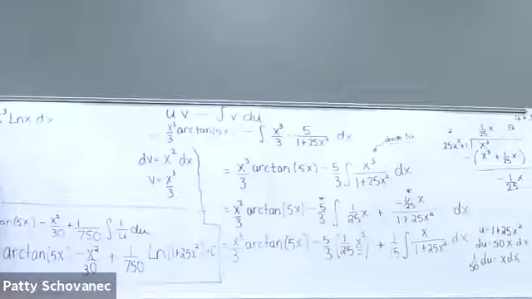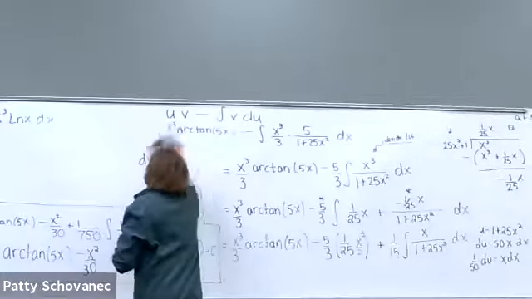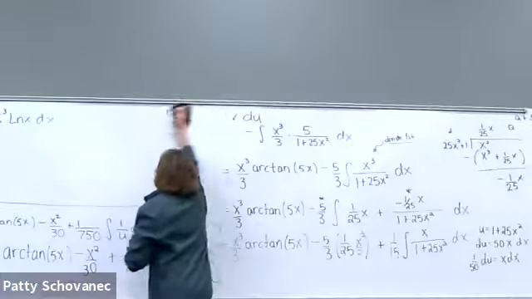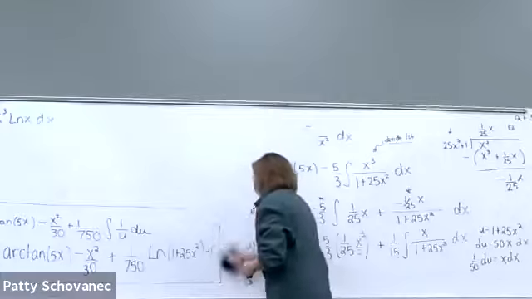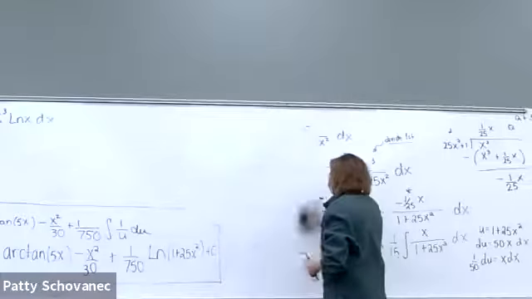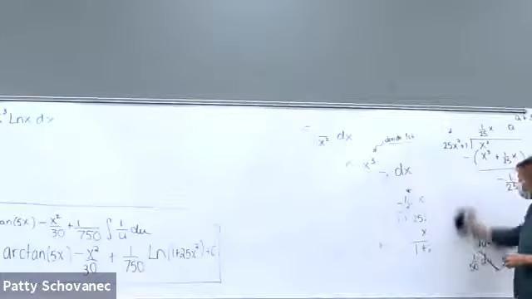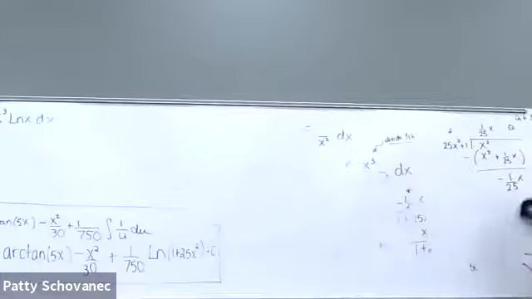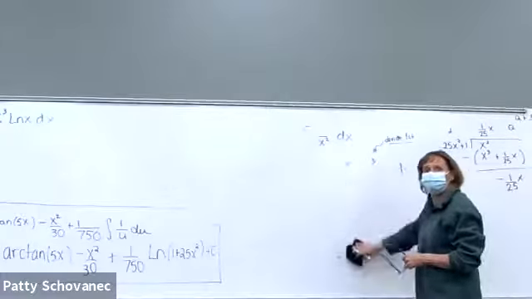All right, let's get it started. What makes this an integration by parts? A polynomial times a log, a logarithm and a polynomial. So again, here we've got our decision made for us. We don't know how to integrate the logarithm by itself. So the polynomial has to be the dv.